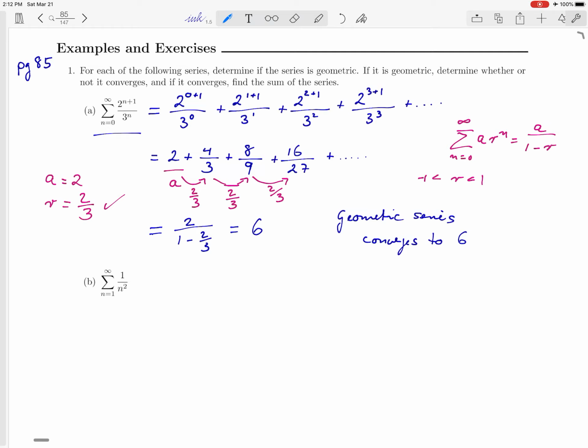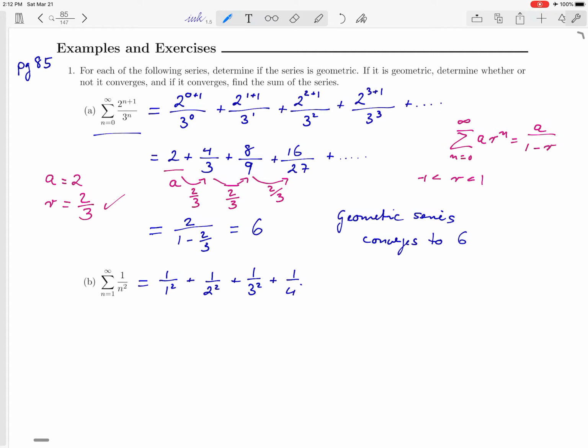For example B, we're going to start the same way. We are going to first write out the first few terms of our series. So when n is equal to 1, I have 1 over 1 squared. When n is equal to 2, I have 1 over 2 squared. When n is equal to 3, I have 1 over 3 squared.